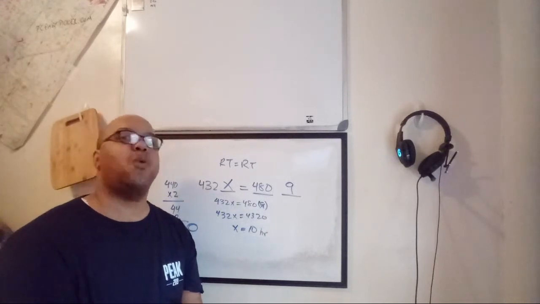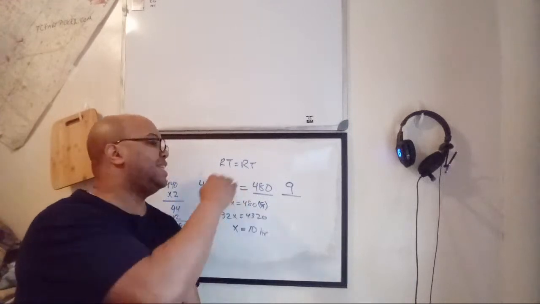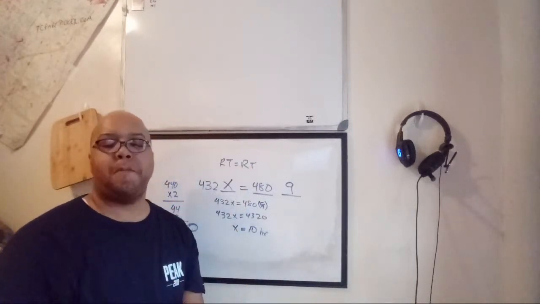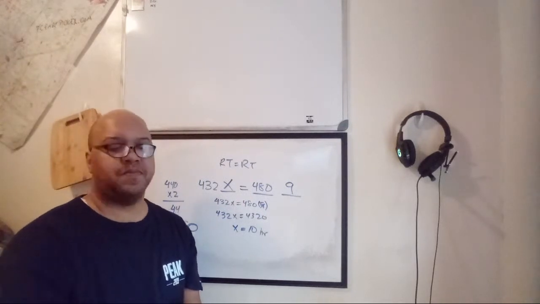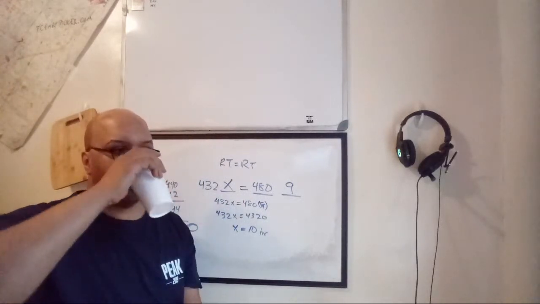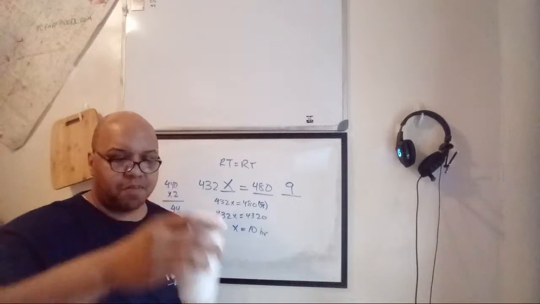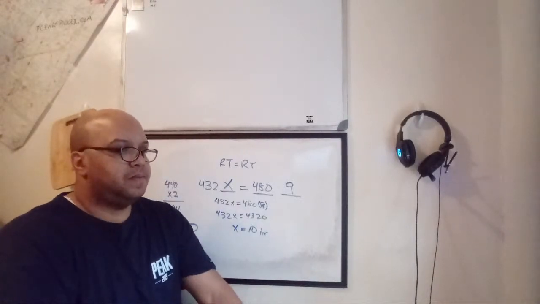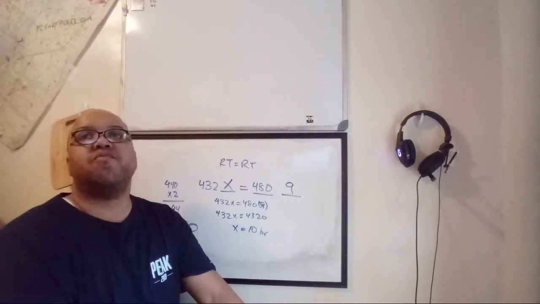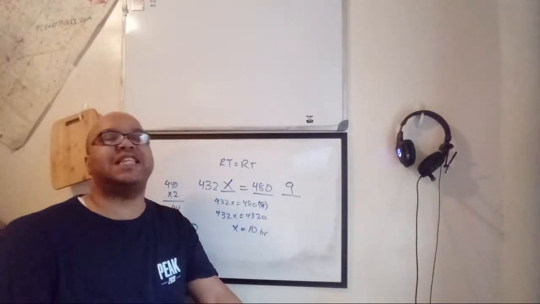Okay, so now what I want you to do is tell me what we did start to finish. First thing to identify is, like you said, if it's a round trip formula. And what in that question told you that this is a round trip question?